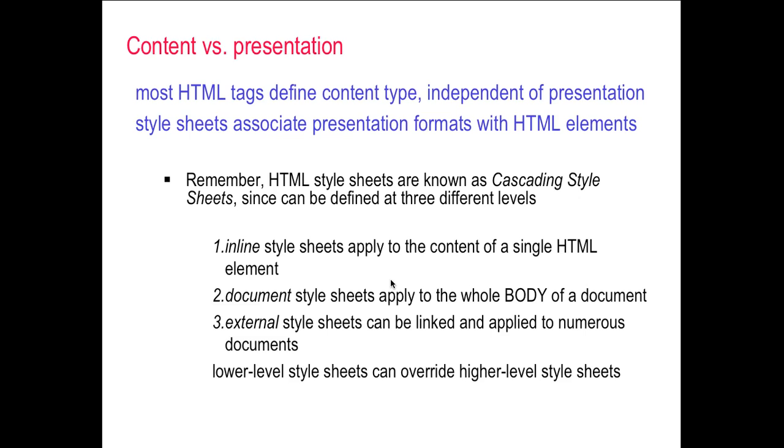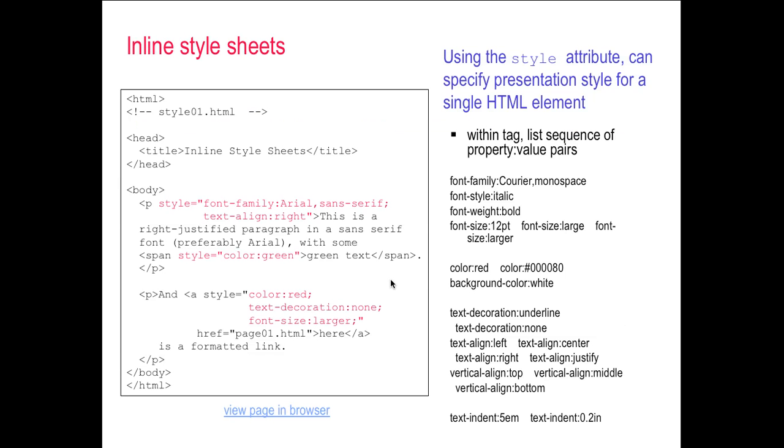If you're going to do that, you're going to put your CSS external as well. So you'll get in the habit of separating things out, hopefully, and using them together. Keeping it all separated out makes it a little bit easier to organize and use the concepts. So lower level style sheets can override higher level style sheets, obviously.